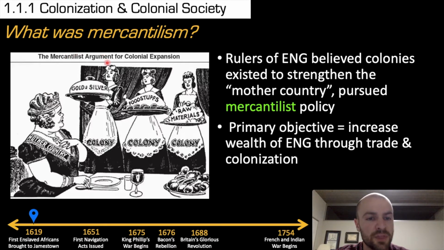And then all of the colonies of England would be delivering gold and silver, so these precious metals, foodstuffs, so agricultural goods, and other raw materials: lumber, iron, rubber, things like that. So it was all meant to feed the mother country. It was all designed to strengthen England.